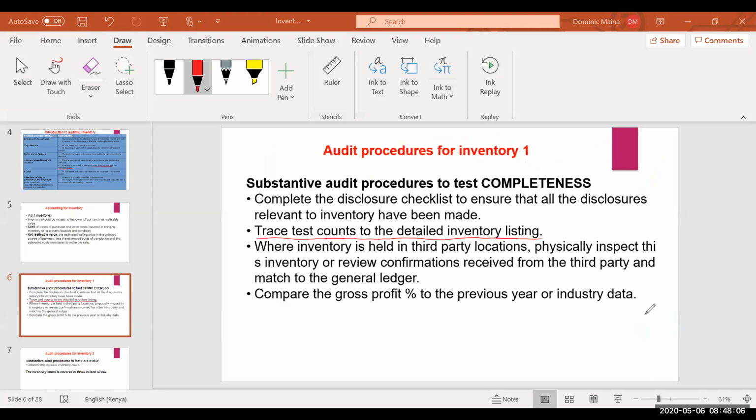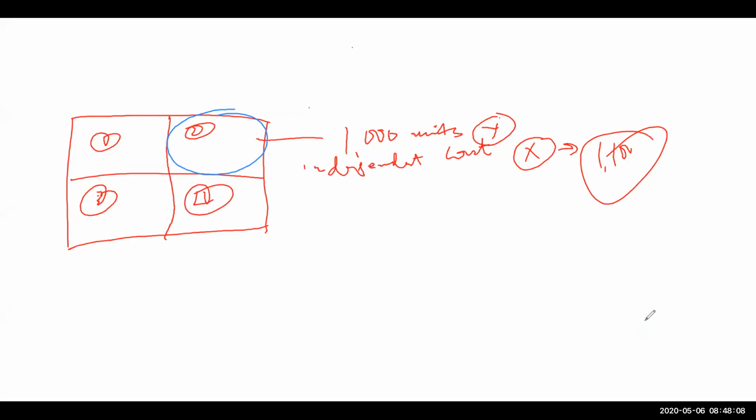If the results don't tally between what you found and what the client found, of course you need to make a reconciliation between your results and the client's. If there's no need for reconciliation because the results do tally, then you may want to trace the result you found, this inventory you just obtained, to the company inventory listing or documentation.